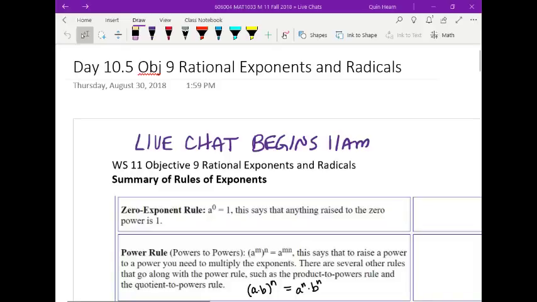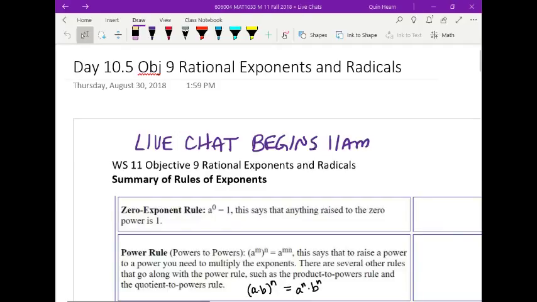Okay, so let me know if you can't hear me. You can type a message into the chat box. But I think the sound is working, so I'm going to go ahead and get started.